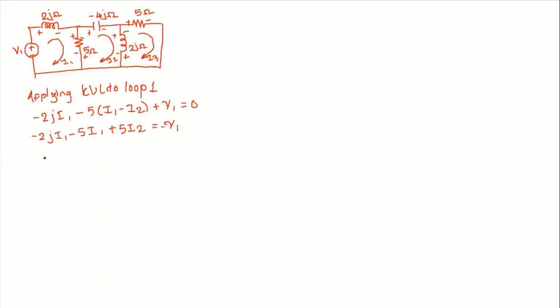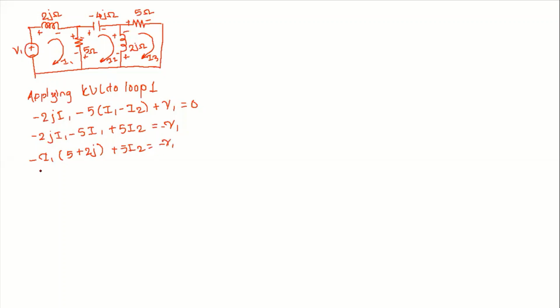So I'm just writing the final equation: minus I1 into bracket (5 plus 2j) plus 5 I2, which is equal to minus V1.